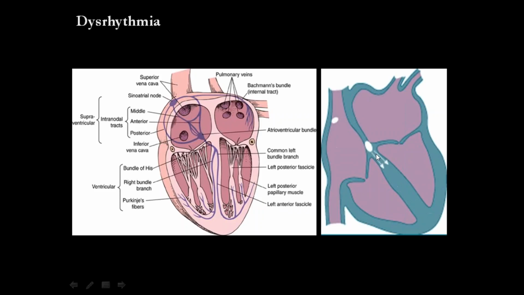The atrioventricular node goes to the bundle of His, and then to the Purkinje fibers.